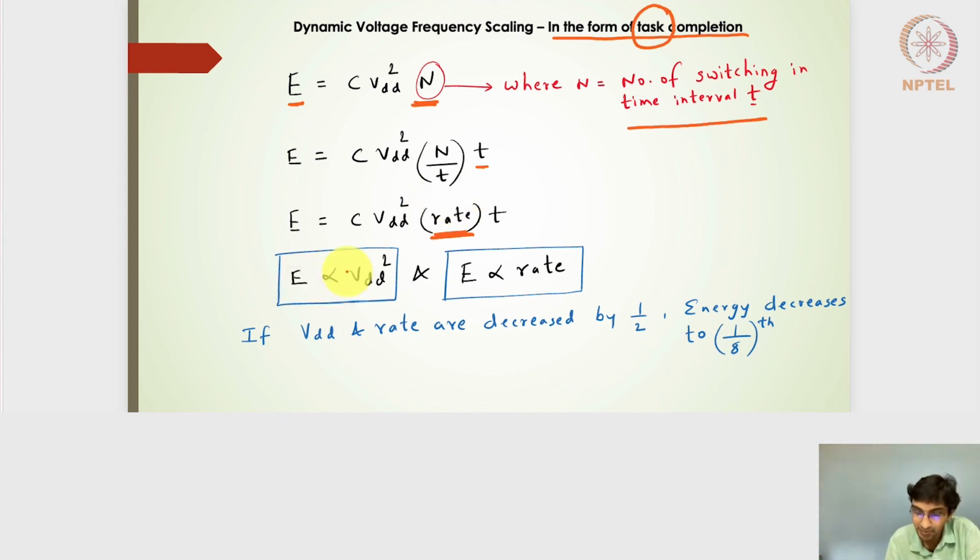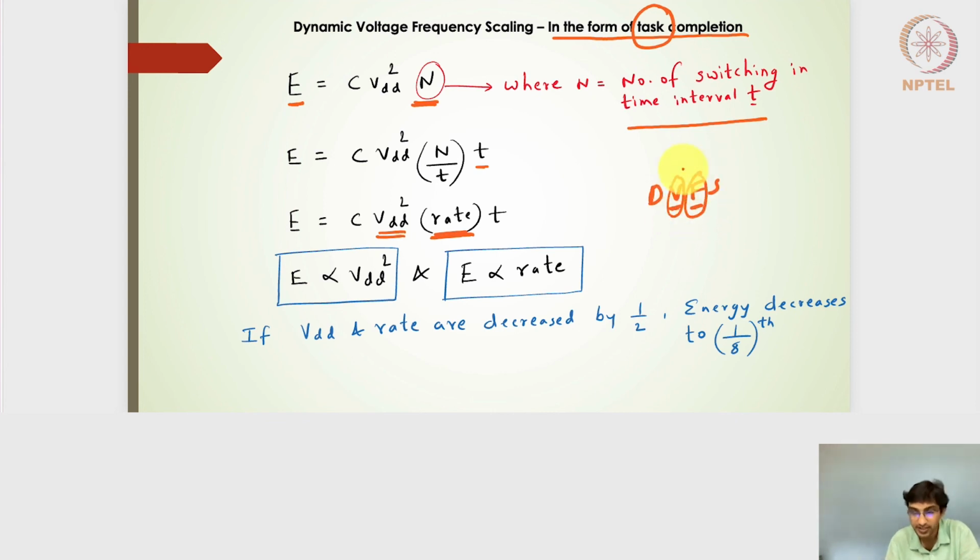So E is directly proportional to VDD square, and E is directly proportional to the rate. In the previous slide, with DVFS, we had expressed the energy in terms of the voltage and the clock frequency.